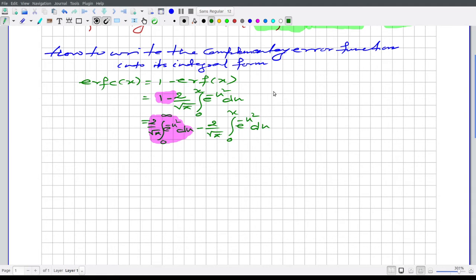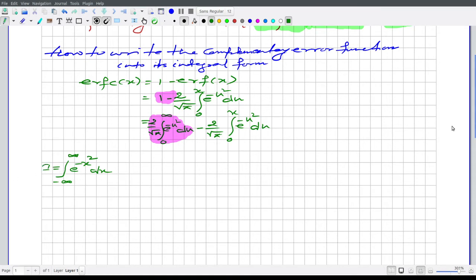What exactly we are doing: if we have to find some integral, say minus infinity to infinity, e to the power minus x square dx, okay, this is some integral that you have to find.